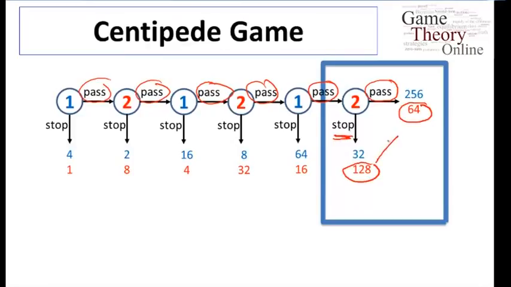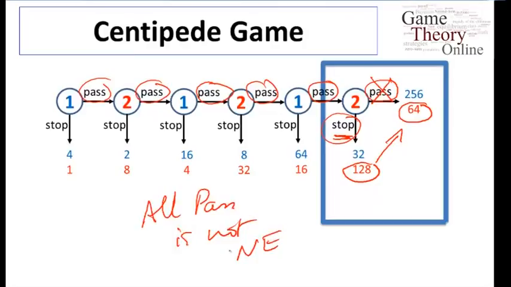So clearly 128 is bigger than 64, so they should not pass if they got to the last turn. Instead, they should stop. So that tells us that all pass is not a Nash equilibrium, because the second player should deviate from that. They should instead stop the game.